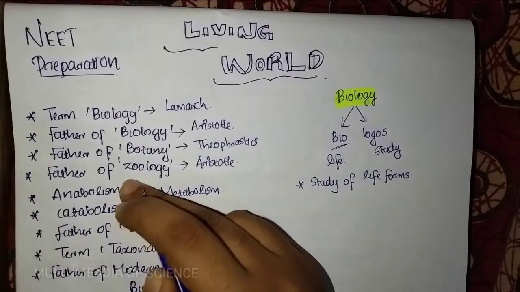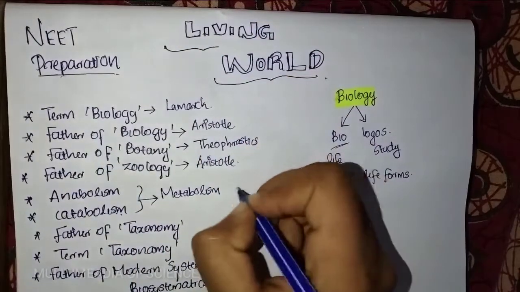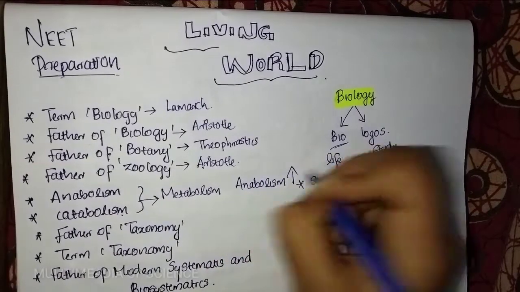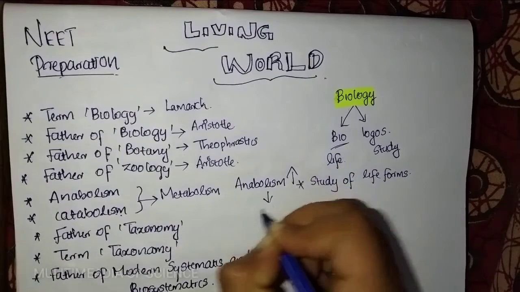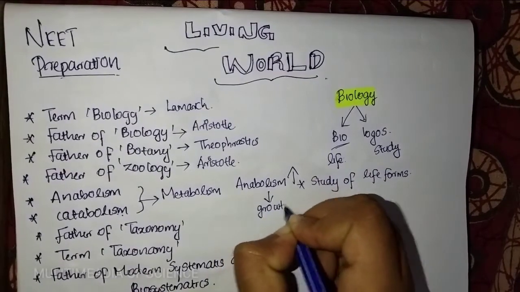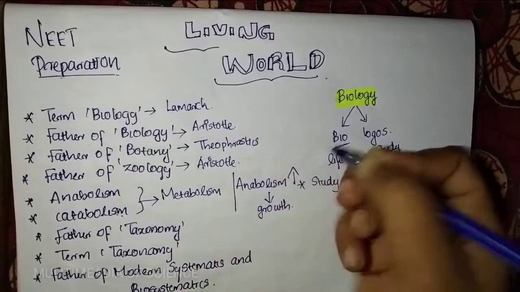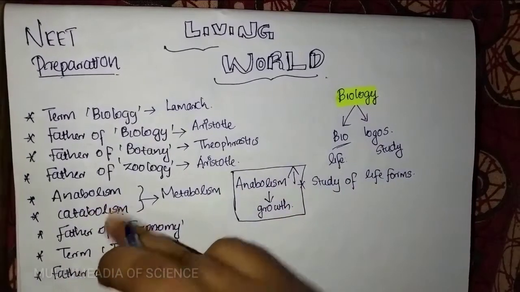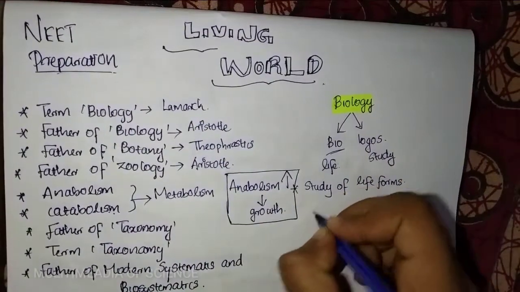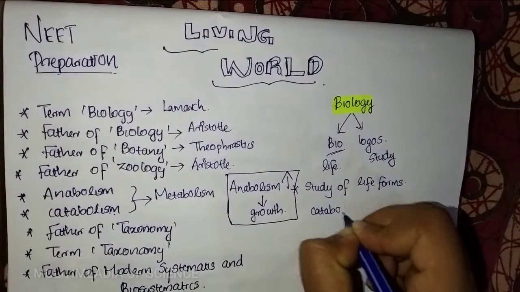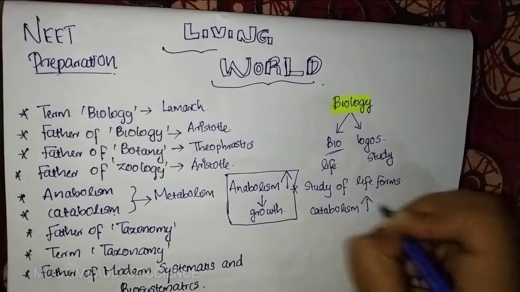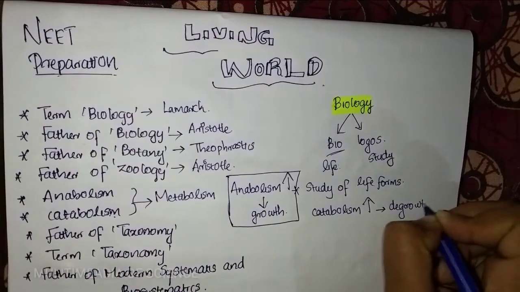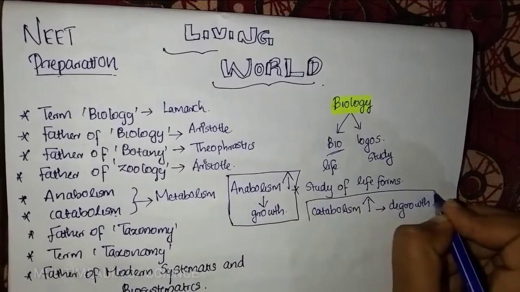When anabolism exceeds catabolism, growth happens, because it is a constructive process. When catabolism exceeds, degrowth happens, because it is a destructive process.